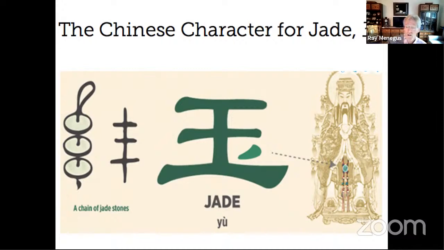So the character in dark green is the symbol for the king or the emperor. But since jade was so important to Chinese emperors, they would often wear jade, and that little dash in light green is the symbol that's added to the king, and that becomes the Chinese symbol for jade.